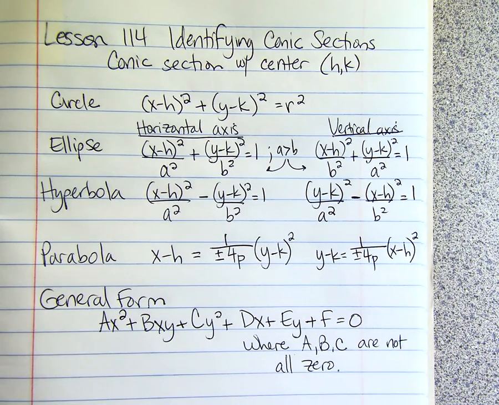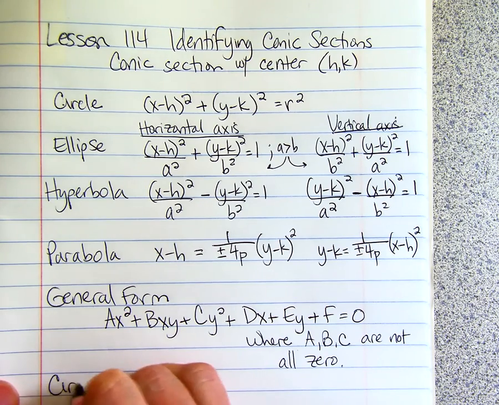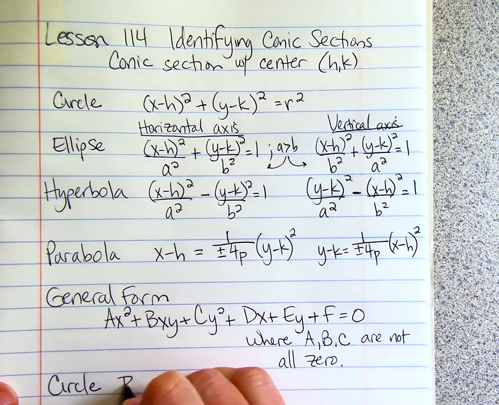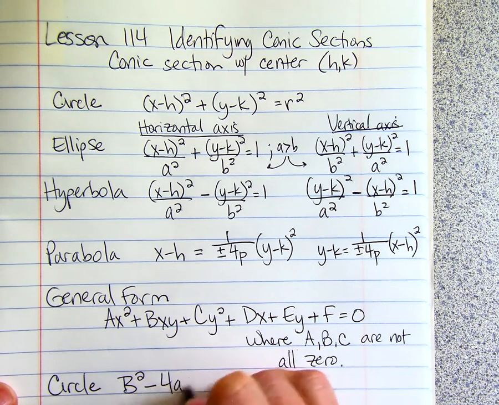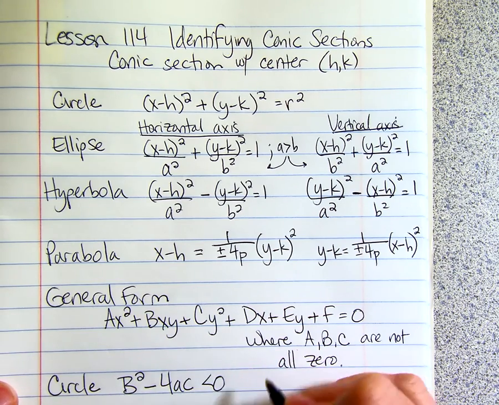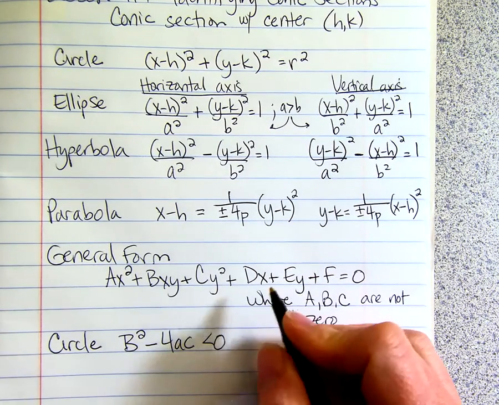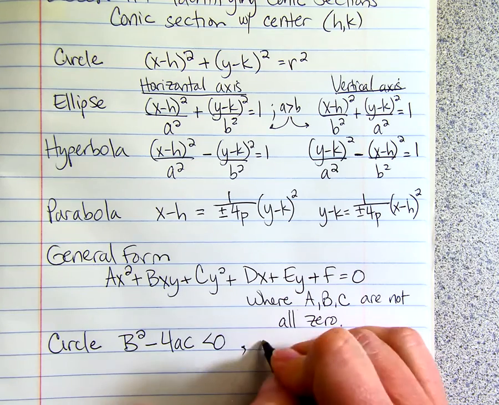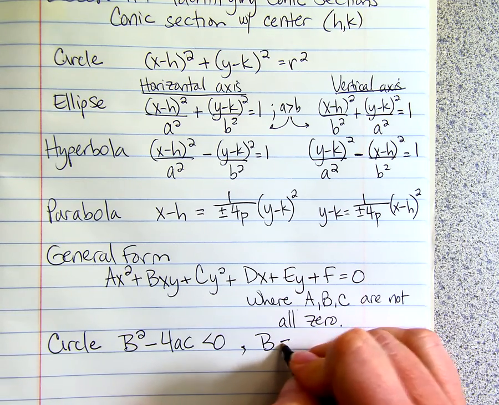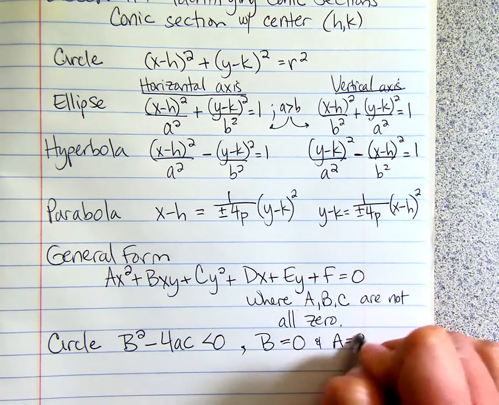So with a circle, oh, this is so cool too, I forgot about this. B squared minus 4ac will be less than 0. Let's see, b equals 0 and a equals c.